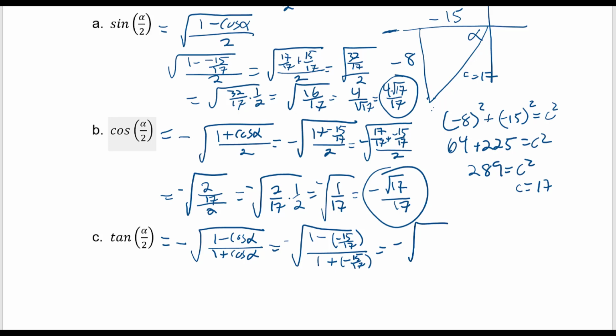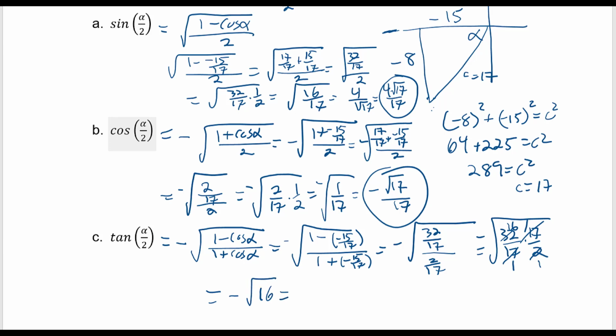So negative square root of, we found this earlier to be 32 over 17 over, we found that earlier to be 2 over 17. So we have 32 over 17 times the reciprocal there, 17 over 2. The 17's divide out. 32 and 2 divide out to give us a 16 there. So we have negative square root of 16, which is negative 4.